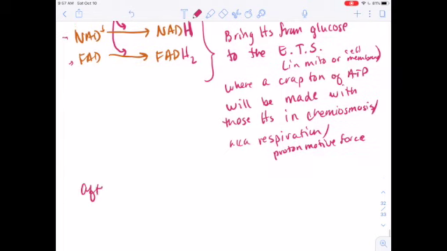So after chemiosmosis, the hydrogens bind to oxygen to make water, and that's way at the end.